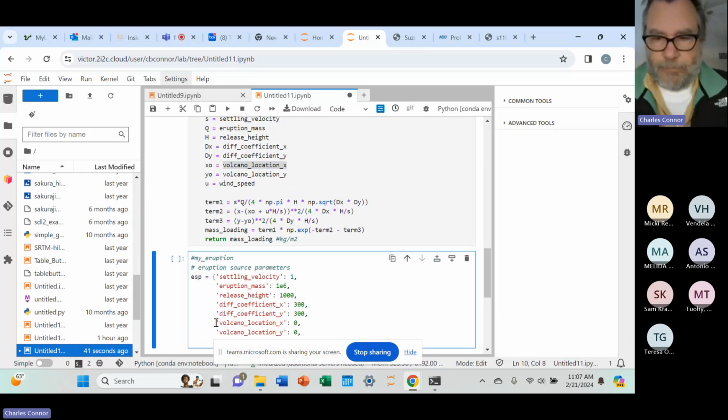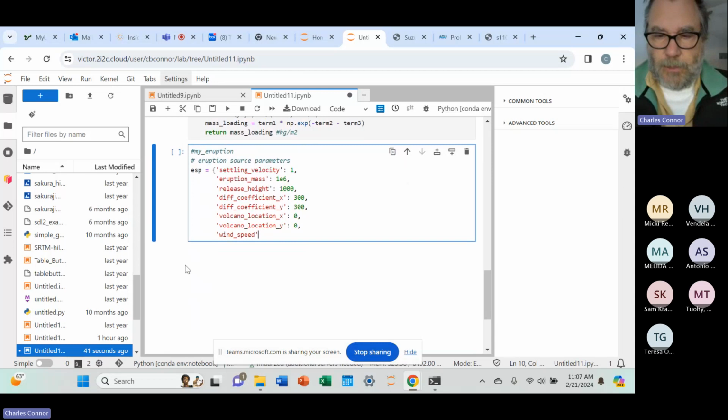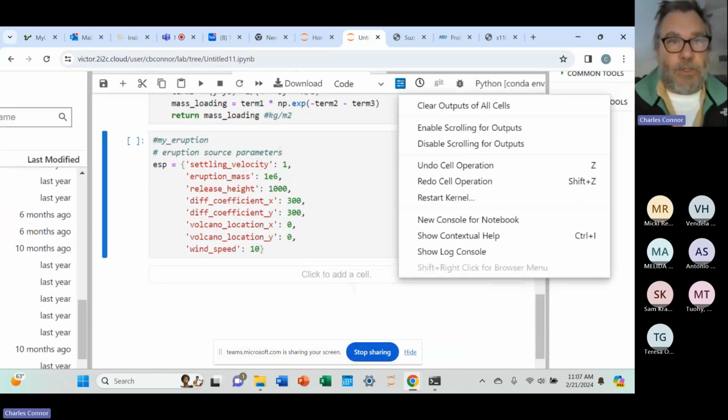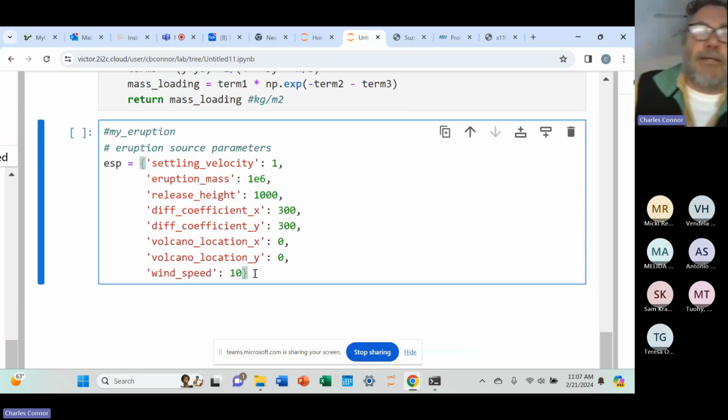Wind speed, right? Is going to be 10. And curly bracket. So you can see how that matches the curly bracket up there. And so that is an argument list. And in my argument list, I'm using keywords. So sometimes this is called a keyword argument list.